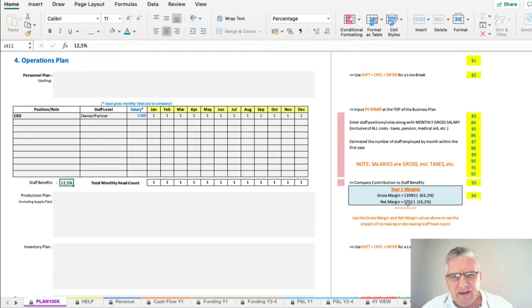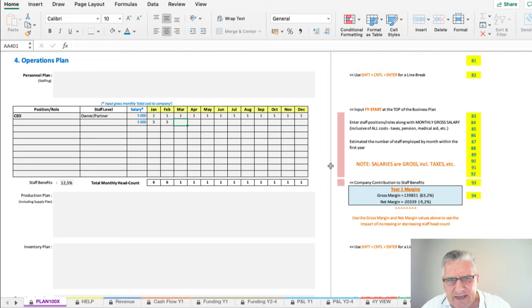What's probably important as well is to look on the right-hand side at these year one margin indicators. What's good here is to see that while you're adding staff members, let's just say that we had another staff member at 5,000, I want you to watch what happens to this net margin as we put in, let's have 5 of these people joining the company.